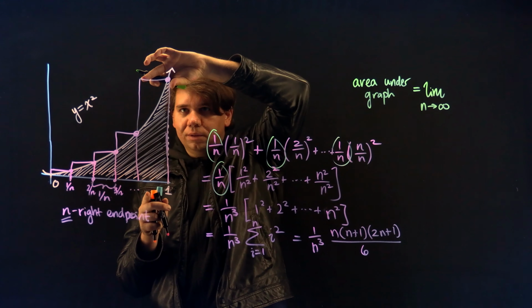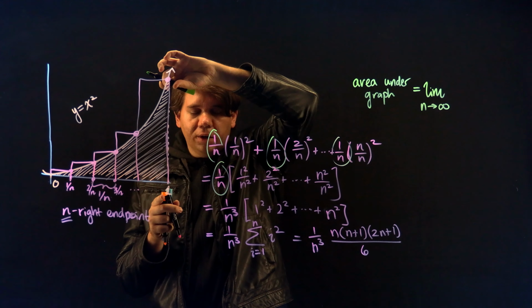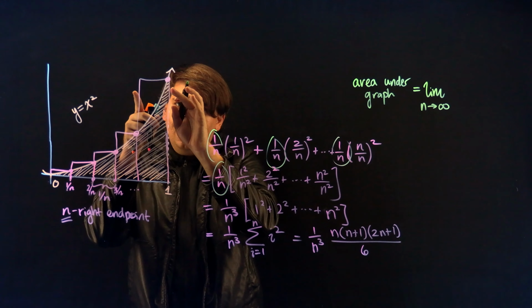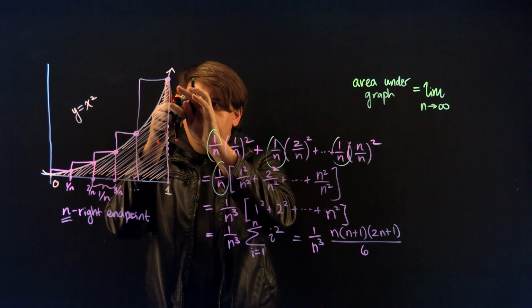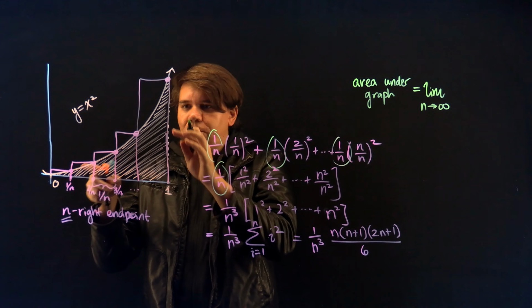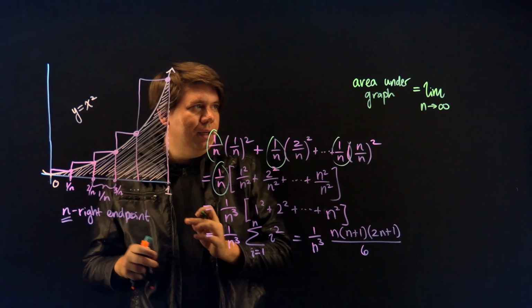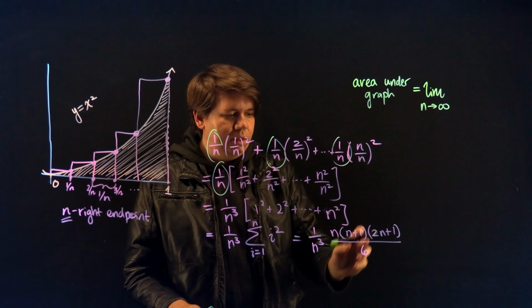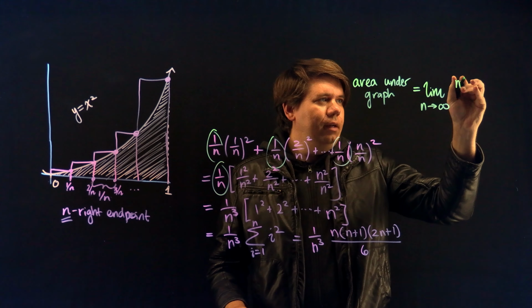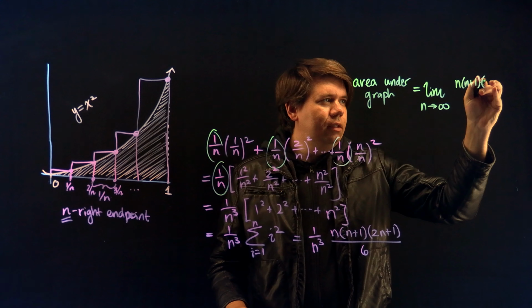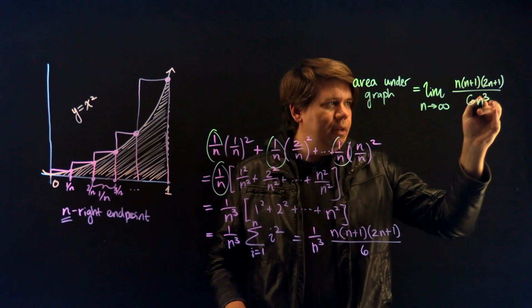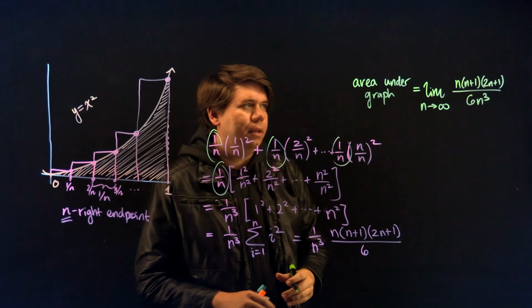If these rectangles get smaller and smaller, n as 1,000, n as 1,000,000, n as 1,000,000,000, then in the limit you get better and better approximations until it gives you the exact area. So the area is the limit as n goes to infinity of this formula, n times n plus 1 times 2n plus 1 all over 6 times n cubed.